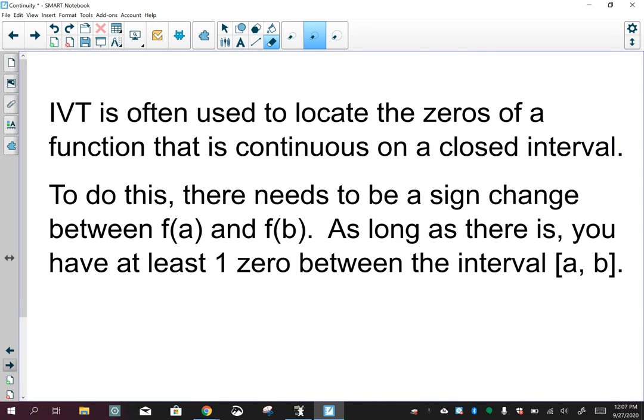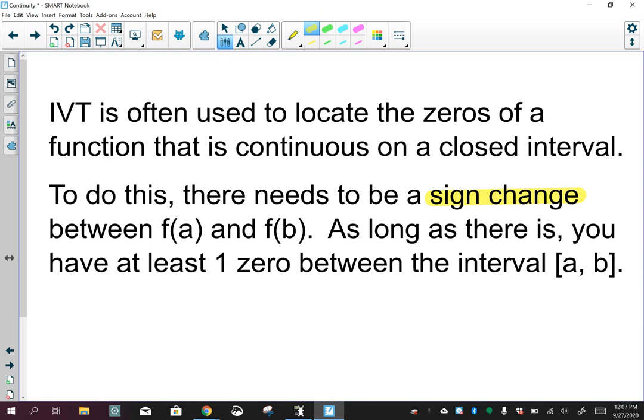What's nice about IVT, intermediate value theorem, so you're going to hear me say IVT a lot because intermediate value theorem over and over again, I get tongue-tied. So IVT is often used to locate zeros of a function as long as that interval is closed and it's continuous. So basically what I'm looking for, the key thing on this one is right here.